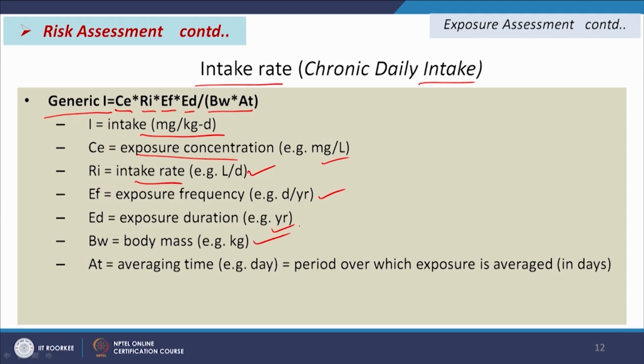Bw is the body mass of myself or the living organism or the human, and At is the averaging time. That is very important, the averaging time is the period over which exposure is averaged, in days. These are the terms used to calculate the intake rate for a longer period or chronic intake.